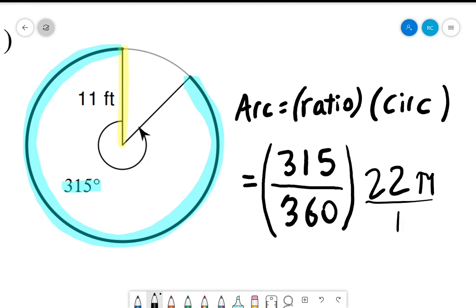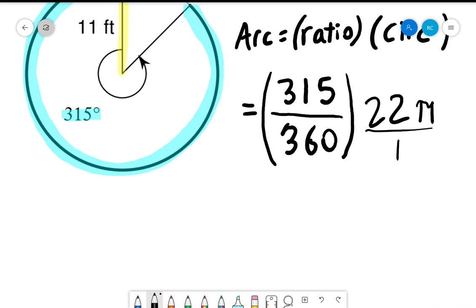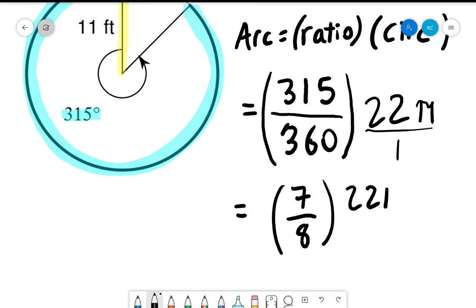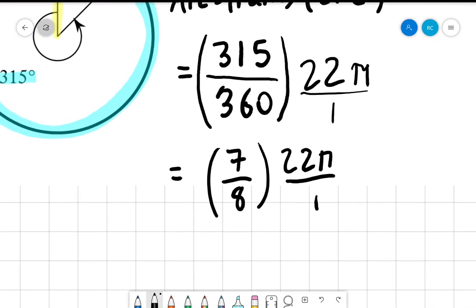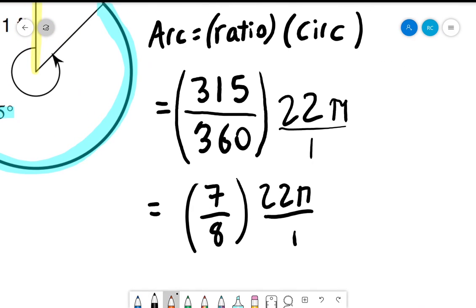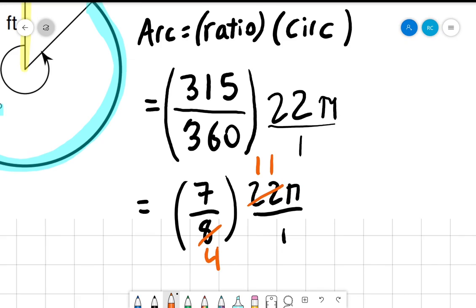So the audio didn't do a very good job of reading that, but the reduced fraction is 7 over 8. So 315 and 360 are both divisible by 45, and it becomes 7 over 8 times 22 pi over 1. Let's see, I think there's a little bit more canceling we can do here. 8 and 22 are both even, so I can divide them both by 2.